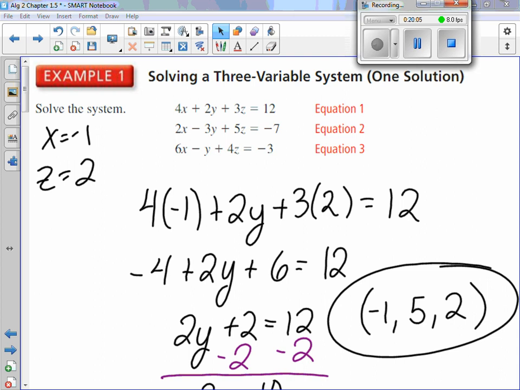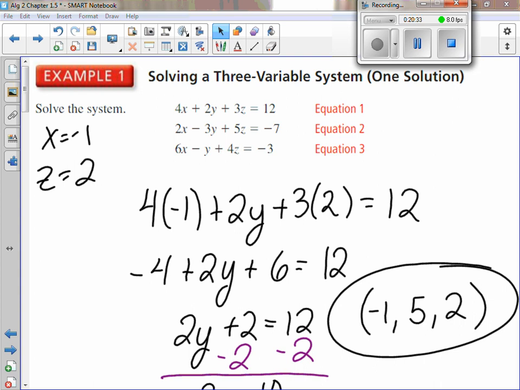So here, how many solutions do we have for this problem? 1. It's the point -1, 5, 2. Because this is the point where all three planes, all three of these equations intersect. So if you look back at the first page of the note sheet, do you see the one that's really faded out, has a black dot on it?